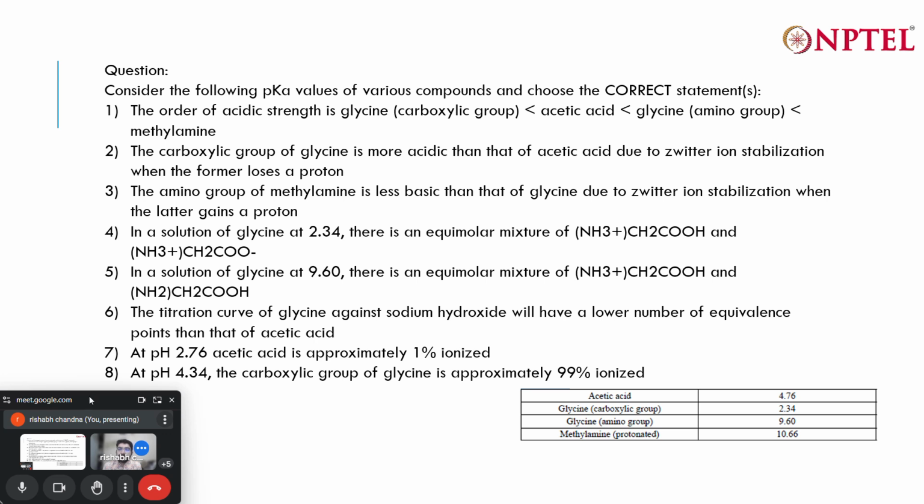Okay, so here we have the pK values of various compounds given in the table below, that is acetic acid, glycine for carboxylic acid, glycine amino group, and methylamine, that is protonated. So we have to choose the correct statement from the given statements. And this is more than one option correct. So please have a look and state the correct answer.